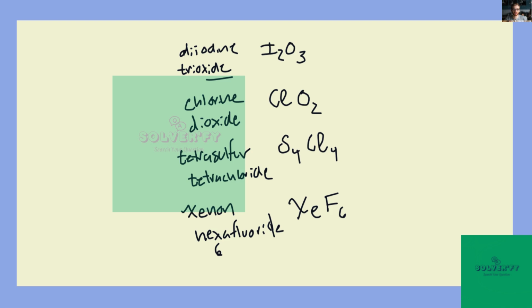Okay, now we're given formulas and we need to determine names. So we have N2O4. The prefix corresponding to 2 is di, so we'll have dinitrogen, and then the prefix for 4 is tetra.